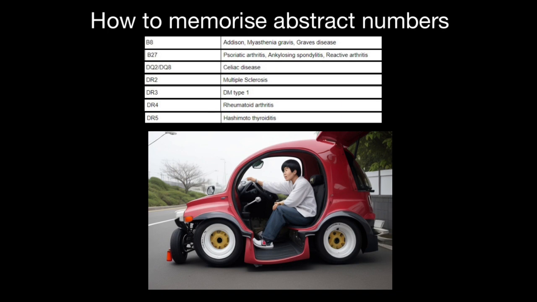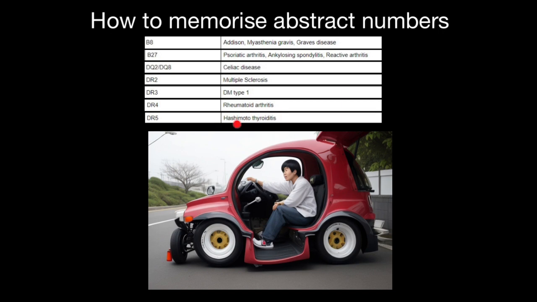Hashimoto is a Japanese last name, so I imagine a Japanese guy sitting in a vehicle, DR5, with 5 wheels. For me, Japanese is associated with crazy, weird shows, so I also associate that only the Japanese may invent a vehicle with 5 wheels, so DR5.